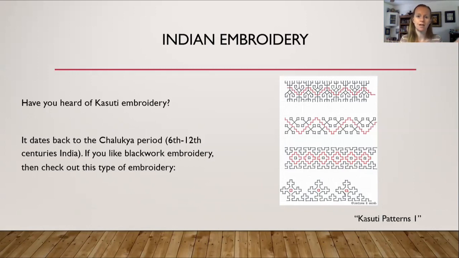It's all the same thing. It's counted stitch that is reversible on both sides. Well, most times reversible on both sides. Kasuti embroidery dates back to the, if I mispronounce this, I'm sorry, please correct me, Chalukya period from the 6th to the 12th centuries in India.